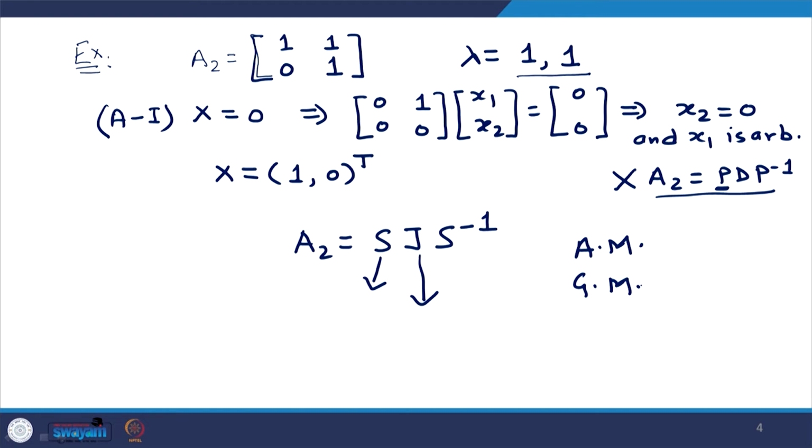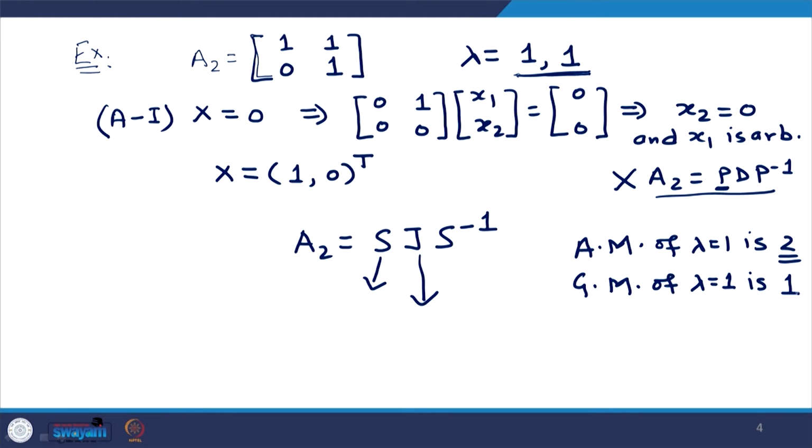Here eigenvalue lambda equals 1 is repeating twice. So the algebraic multiplicity of lambda equals 1 is 2, that is the number of repetitions of that particular eigenvalue, while the geometric multiplicity is the number of linearly independent eigenvectors corresponding to that eigenvalue. How many linearly independent eigenvectors do I have for lambda equals 1? Only 1.